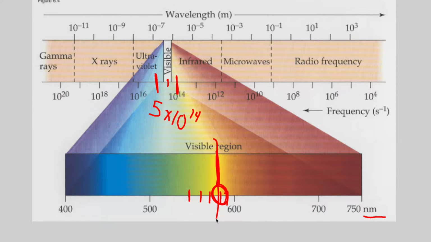And the answer is your eyeball is a light energy detector. So what's the difference between all these different forms of light? They just have different wavelengths and frequencies. We'll relate that to energy in a minute.